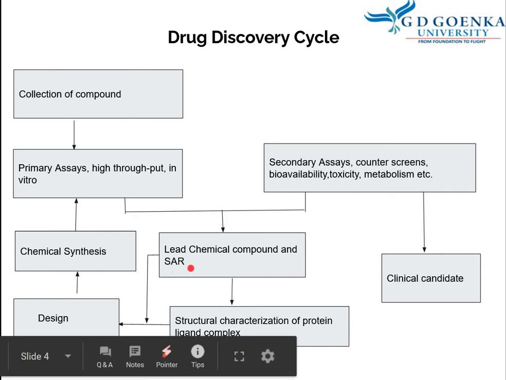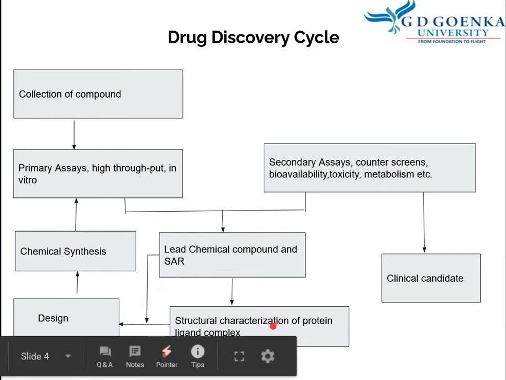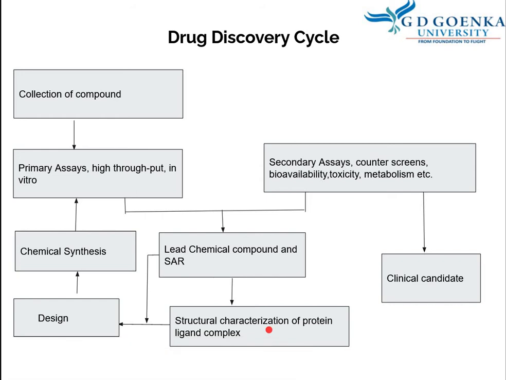Alternatively, a lead or a new chemical entity is identified for a particular target or a biomarker. These lead chemical compounds are identified either through design. There is specific software like computer-aided drug design that helps in screening a large number of chemical compounds to select the right suitable candidate for a particular target.